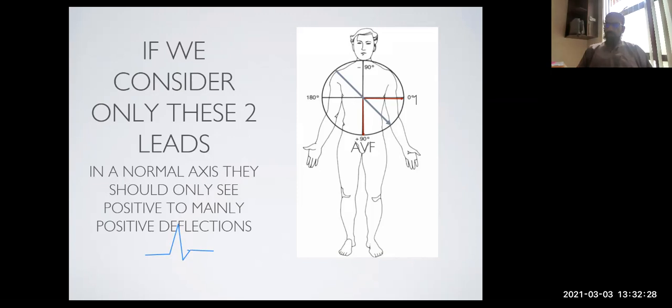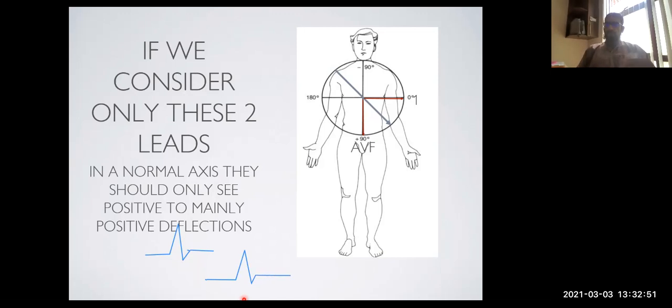And then let's look at lead 1. Lead 1 is looking at it from the other 90 degrees. So electricity is coming from that direction. So lead 1 also sees electricity moving towards it. And then for a little while, it just goes behind it, right, when it's here, but it can still see it, just that it's gone a little bit behind, then it goes back to normal. But essentially what the two of them are seeing is they are seeing positive deflections.